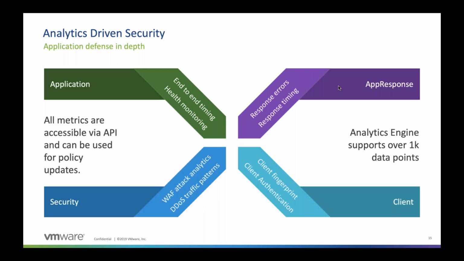All these metrics that I mentioned are accessible via the API as well. So if you want to take them anywhere outside the system into an external database and look at them differently, that's all possible, because again, this is an API first product.